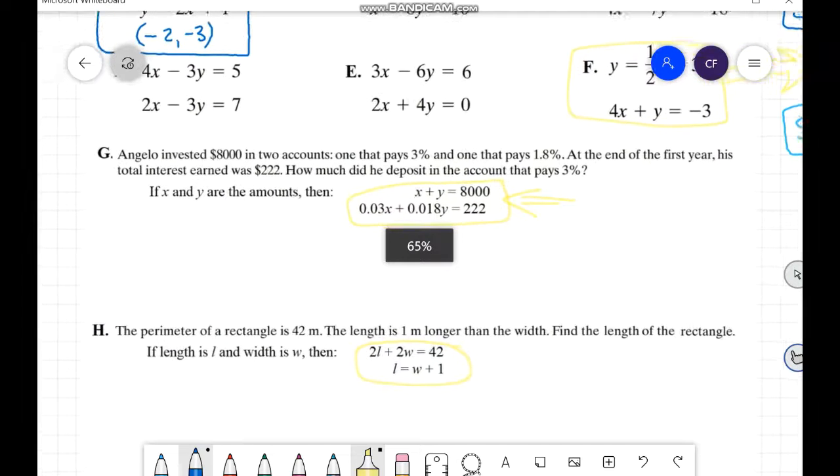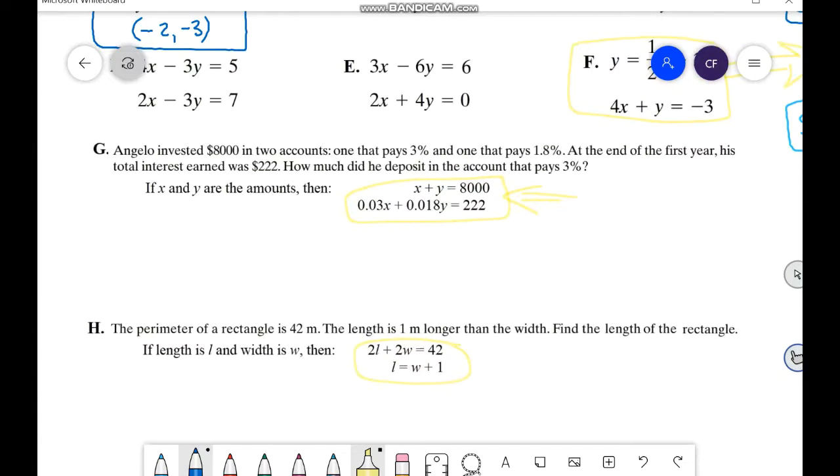So letter G, Angelo invested 8,000 in 2 accounts, one that paid 3% and other one that pays 1.8%. At the end of the first year, his total interest earned was $222. How much did he deposit in the account that pays 3%? So the account that pays 3% is this one, x.